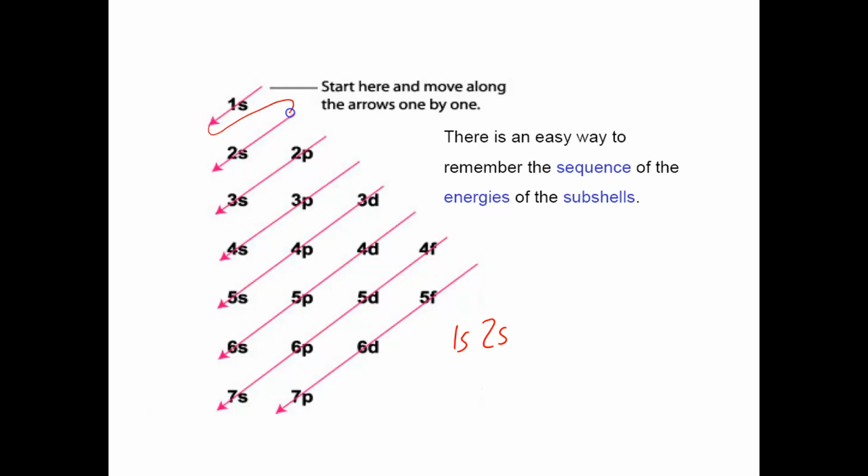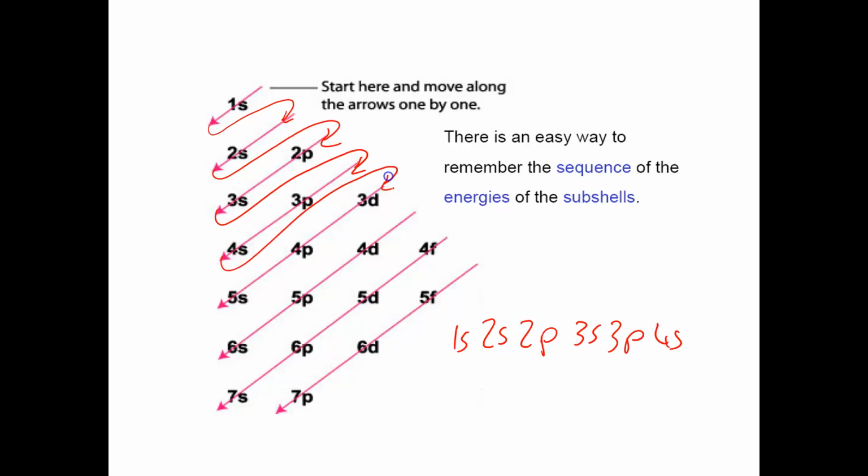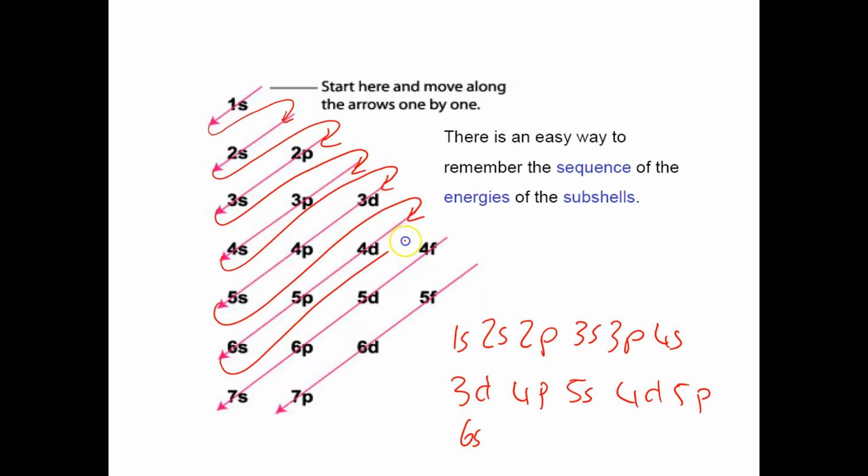When you get to the end of an arrow, you loop back and start the next arrow. So after 2s is going to be 2p, then 3s, and then 3p, then 4s, and then we come back, and then we do 3d, 4p, 5s, and we come around 4d, 5p, 6s, 4f, 5d, 6p, 7s, etc.